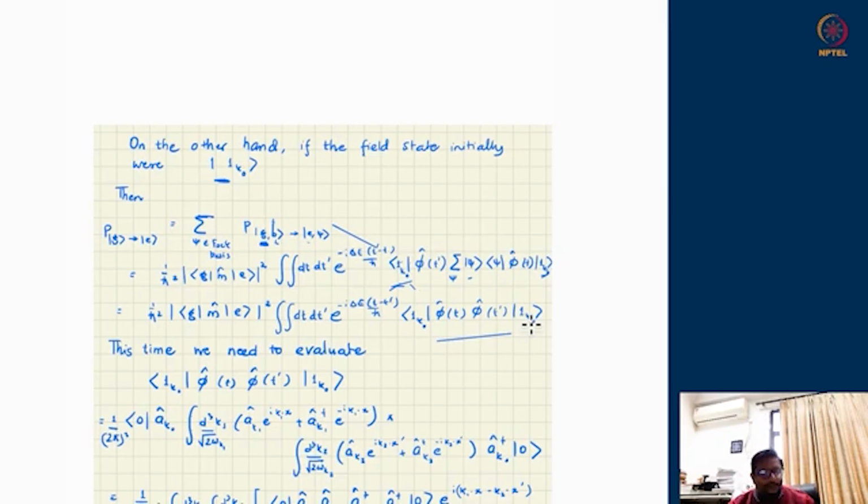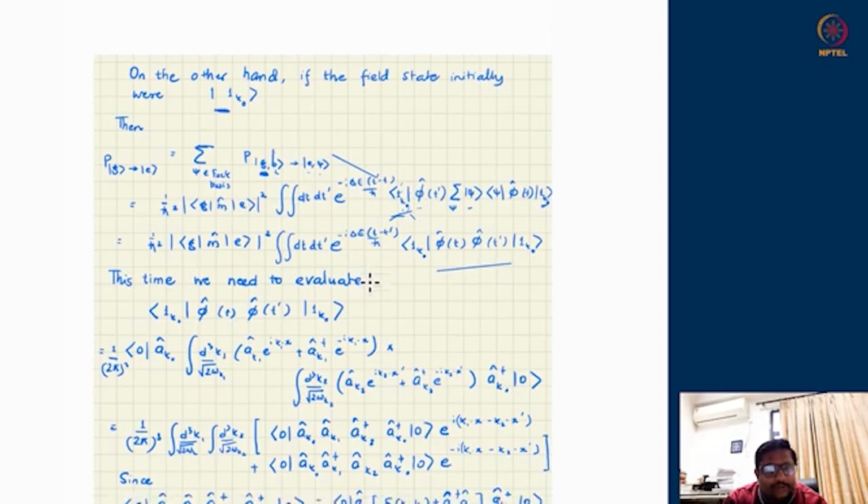So therefore, if I try to ask for the probability of a transition for the atom from ground to excited, had the field initially been in the excited state |1_k0⟩, that probability will be just the 2-point function, this time computed in the |1_k0⟩ state, and the same integral transform which we did previously.